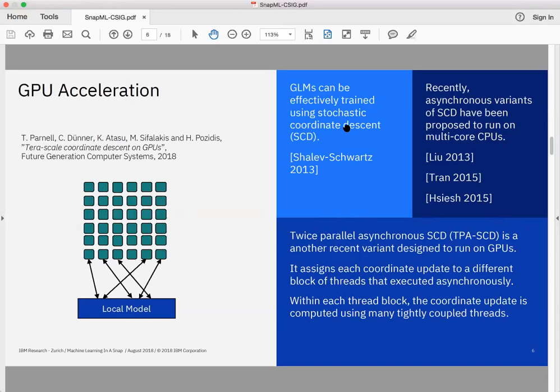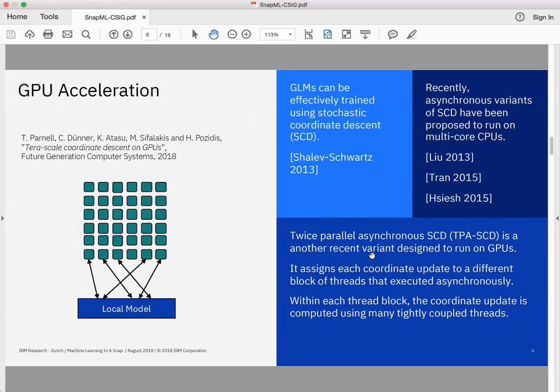But we saw an opportunity there because no one had considered how one might map this thing onto a massively parallel GPU. And it's not that simple because the algorithm is not inherently parallel. It's a very sequential procedure. So we had to develop some asynchronous tricks to make this work on the GPU.